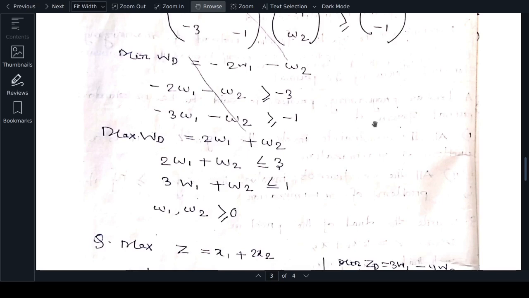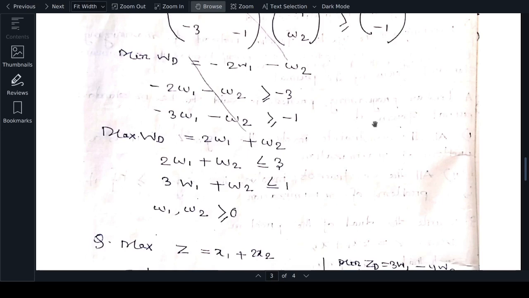What will be the max zd? 2 comma 1 into w1 comma w2, then it will be equal to 2w1 plus w2.